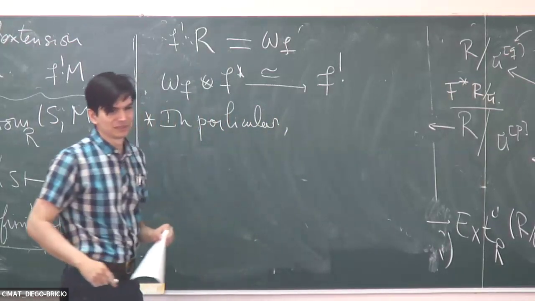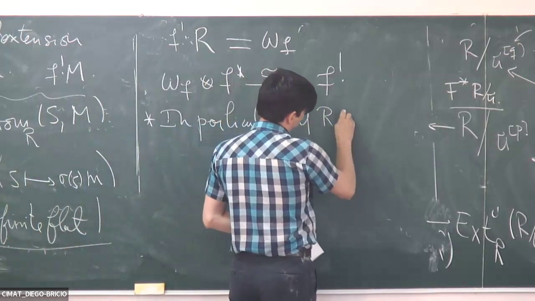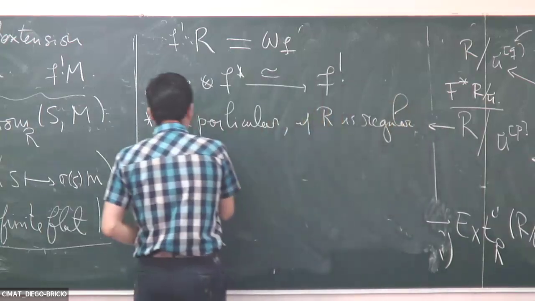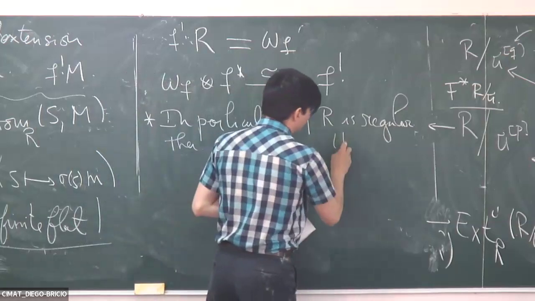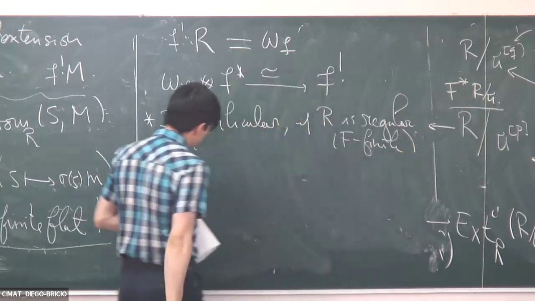In particular, what do you think I'm going to do next? If R is regular, and F finite. Remember, this is a hypothesis we said that we're going to be assuming all the time from now on.